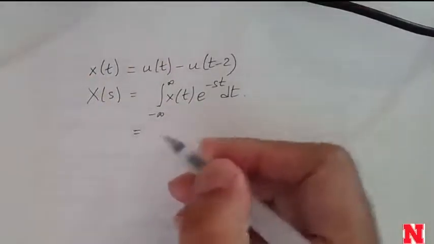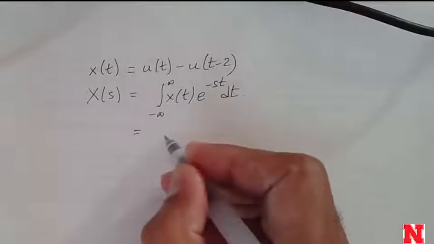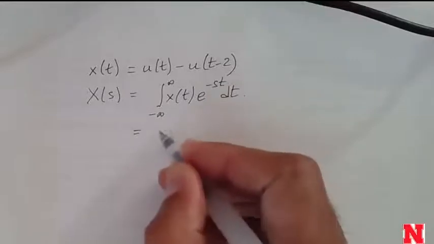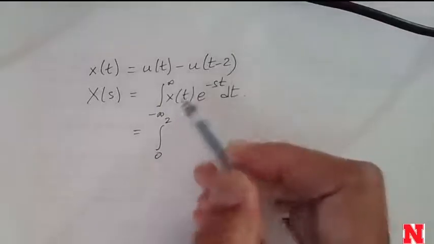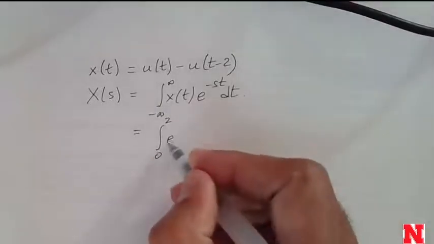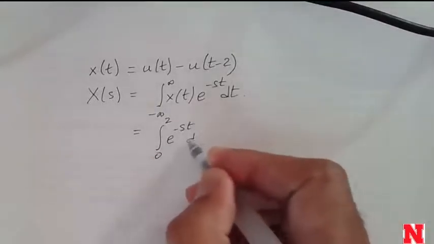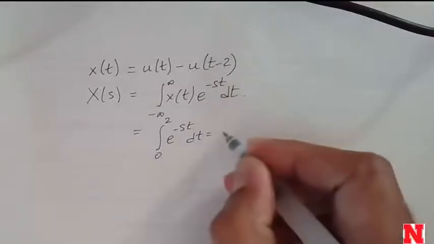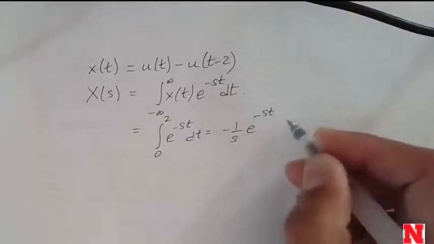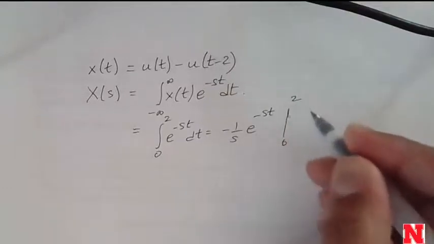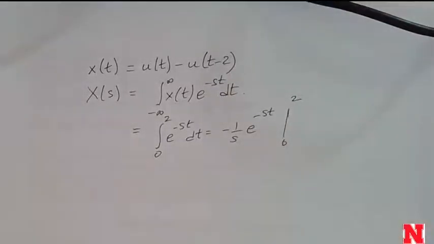And this can be written as the integral from 0 to 2 of, in this region, x is just 1, so this is just e to the minus st dt, and that's going to be equal to minus 1 over s, e to the minus st evaluated between 0 and 2.